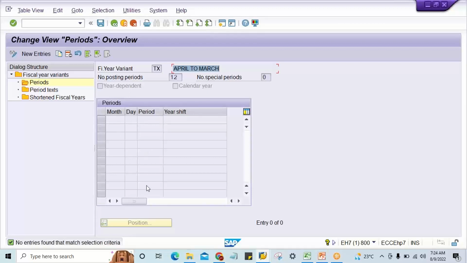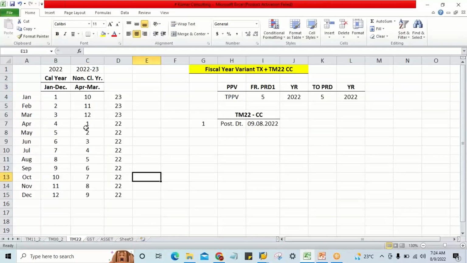Based on whatever settings we do here, SAP will come to know which fiscal year variant we are using, in the sense, what our starting period is. Here April is the first period and March is the last period. So this is how SAP will come to know it is April to March.